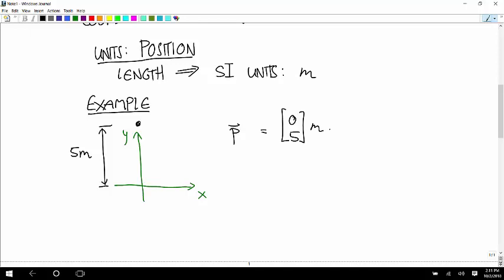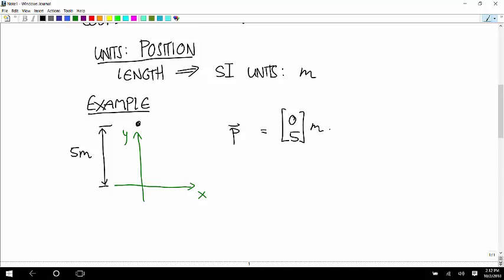And so whenever the object is on any of these 4 axes, it's really easy to come up with the position vector. So if it's 5 meters in this direction along the x-axis, the position vector will be 5, 0, 0, 5, negative 5, 0, and 0, negative 5.